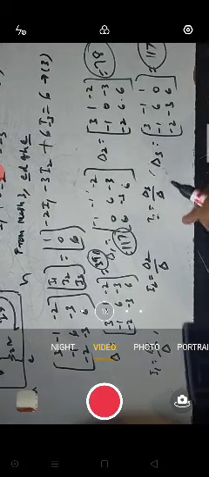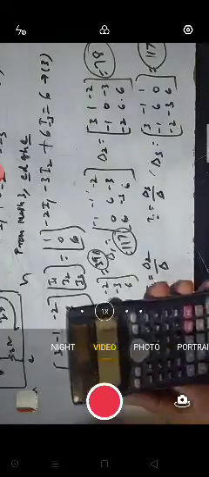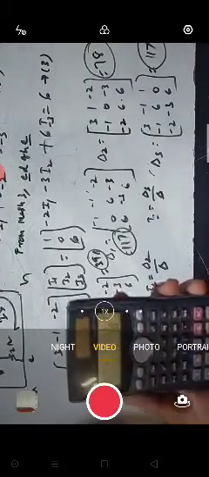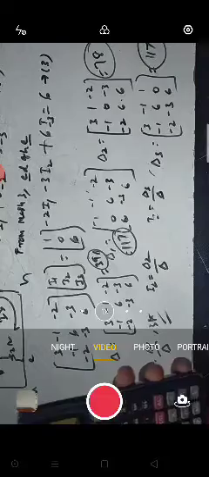So delta 1, press this, 117 divided by 39, I1 is 3 ampere.